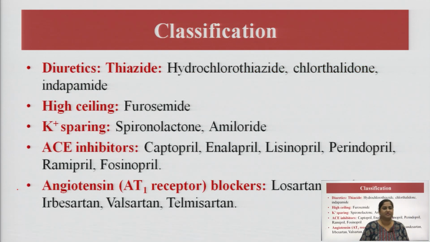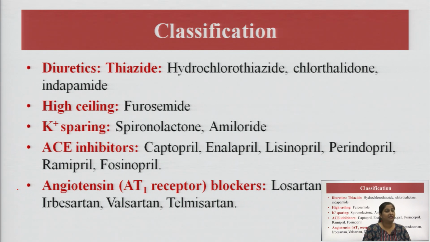Then comes the classification of the drugs. In our syllabus, they do not ask about the classification. They have given the drug names. So, we are going to discuss the drugs according to their classification.